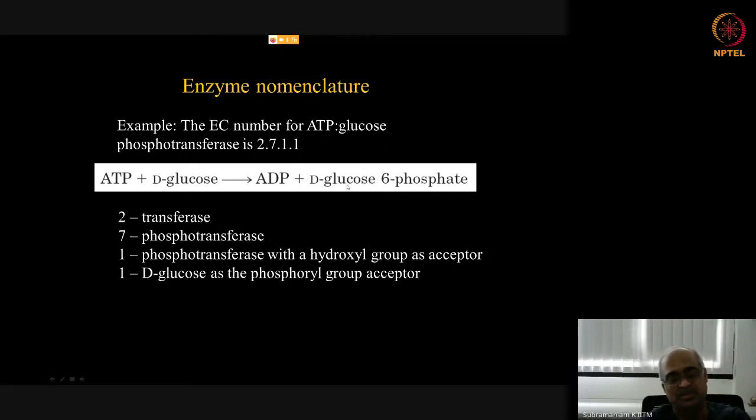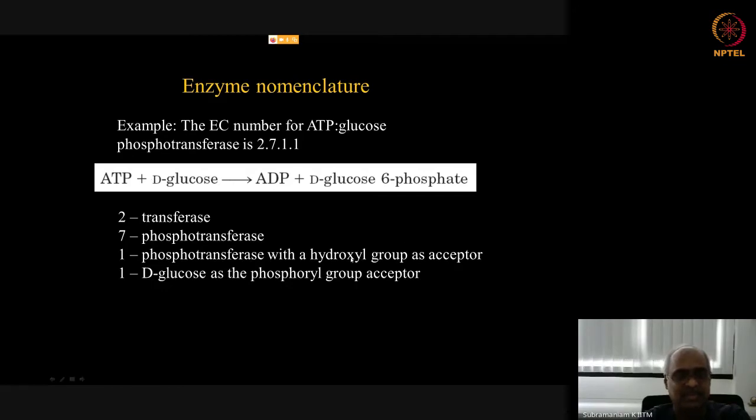In glucose, you are familiar that you have hydroxyl groups, the alcohol groups, and to one of them the phosphate group is transferred. So it is going to be an ester linkage. This phosphate is an acid and there is an alcohol, so an acid-alcohol reaction gives an ester.